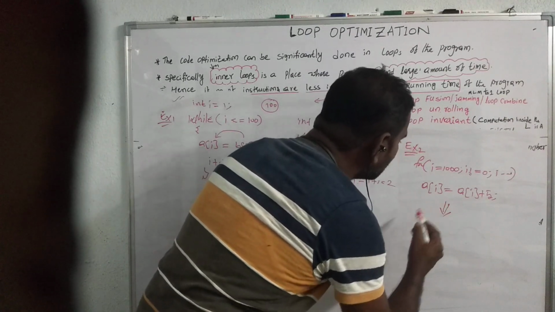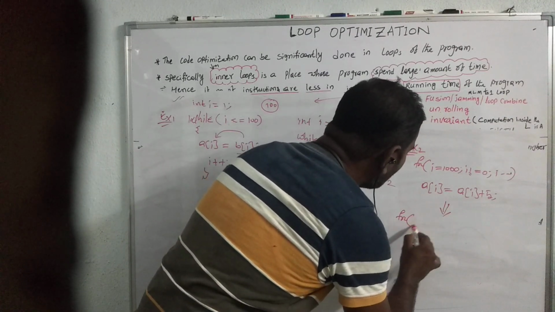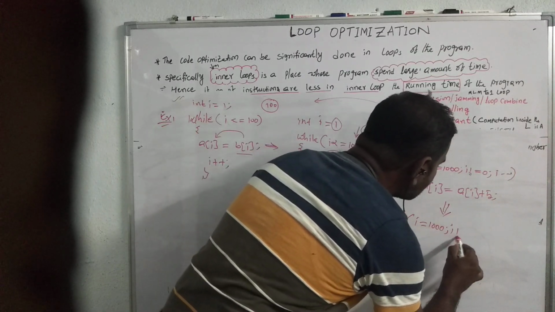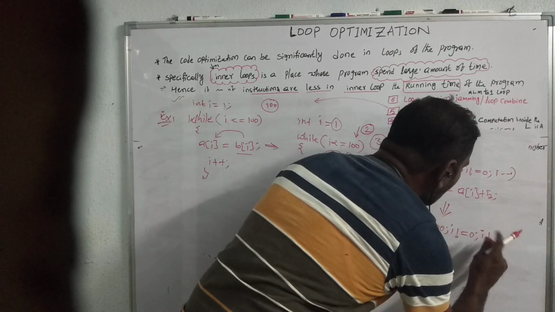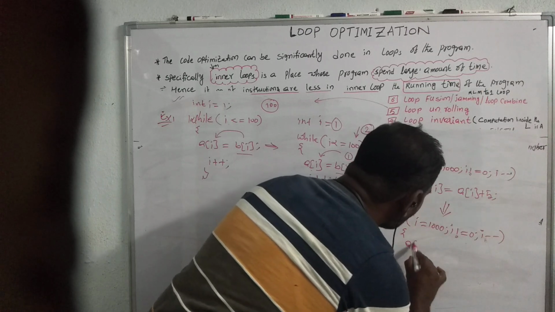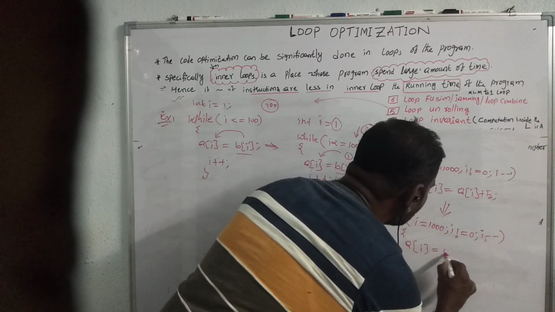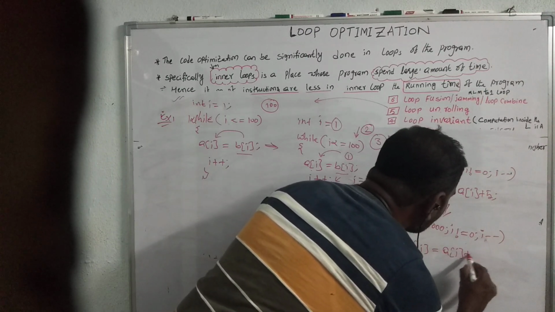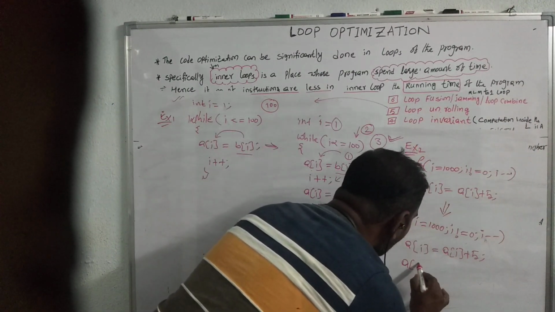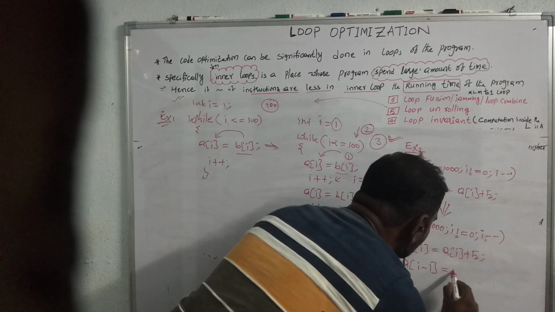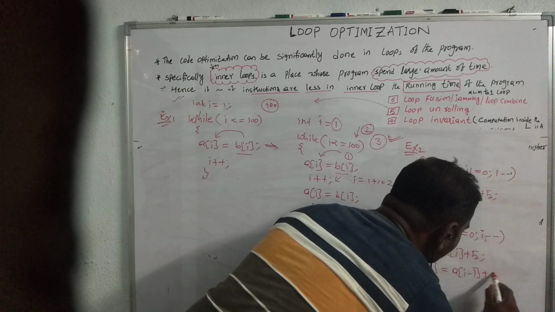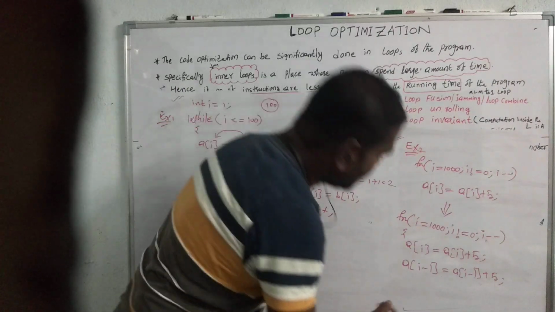So suppose, here for loop where I is equal to 1000, I is not equal to 0, I minus minus. Now here a of I is equal to a of I plus 5. After that, a of I minus 1 is equal to a of I minus 1 plus 5.